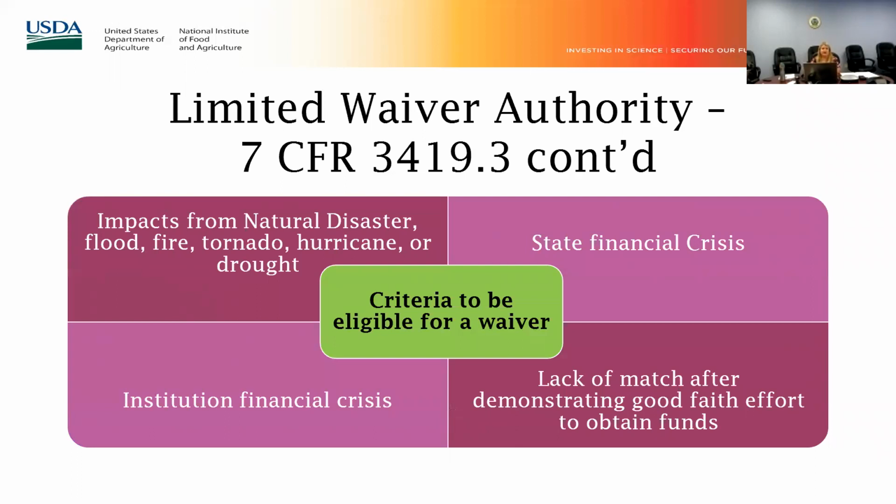Basically, it's 4 areas. The first would be an impact from some type of natural disaster, whether it be a flood, fire, tornado, hurricane, or drought. It could be a state financial crisis, meaning the state can't provide financial funds. It could be an institution financial crisis, or it could be that you still lack match after demonstrating good faith efforts to obtain funds.